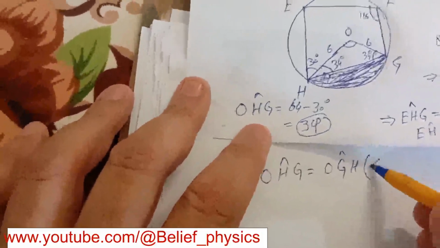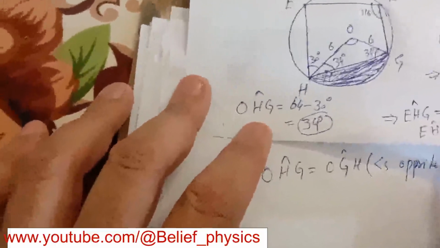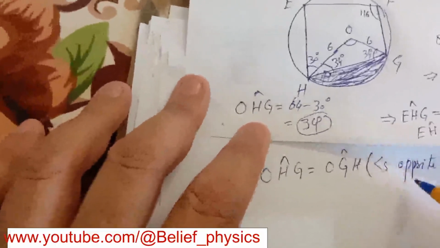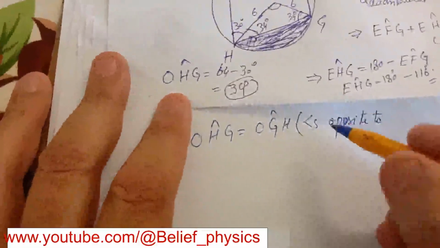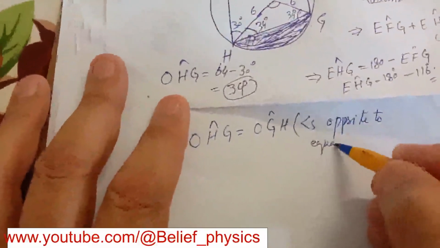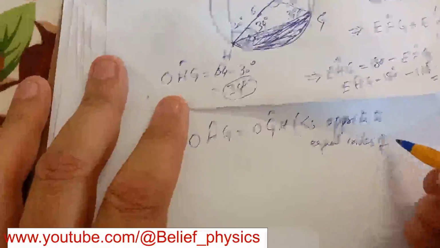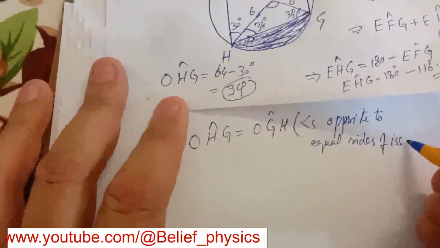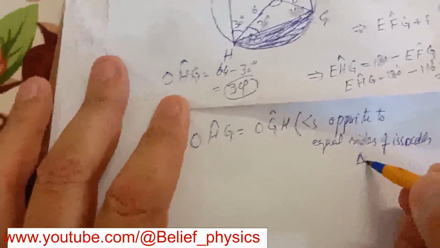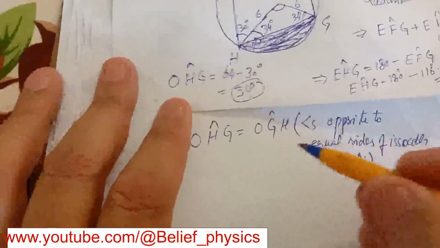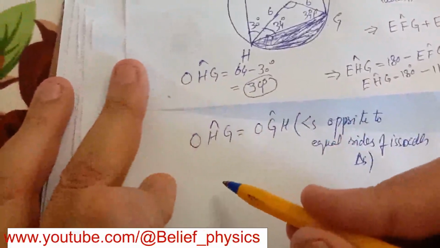The reason is angles opposite to equal sides of isosceles triangles. Okay, so this is the reason. This implies that this is 34, so OGH is also equal to 34.